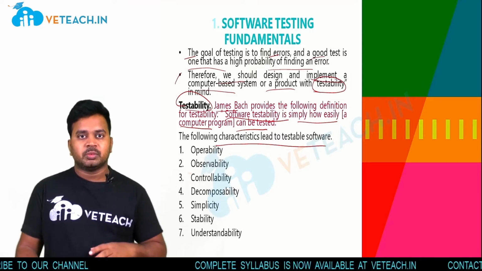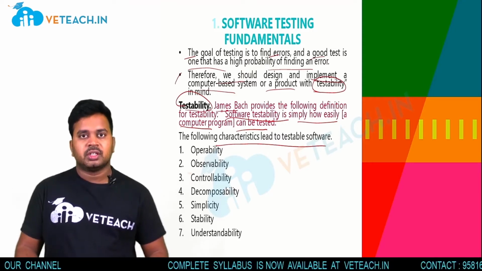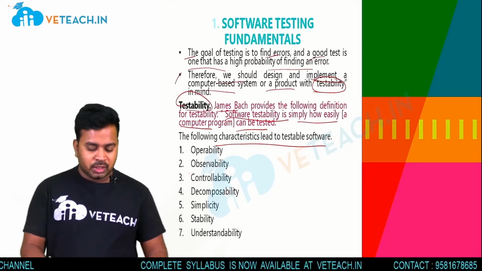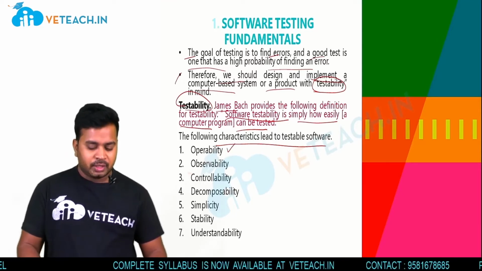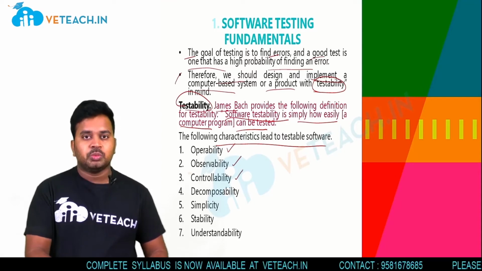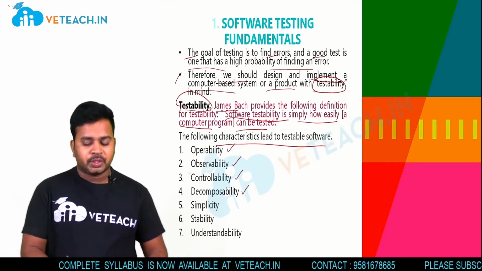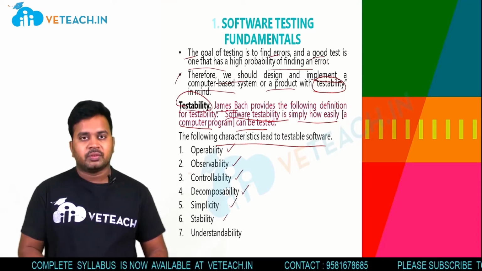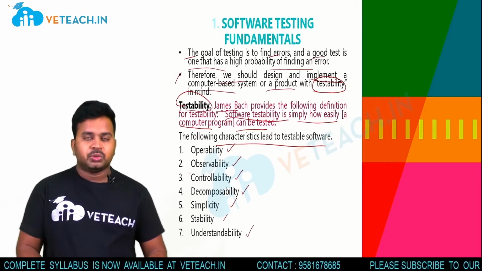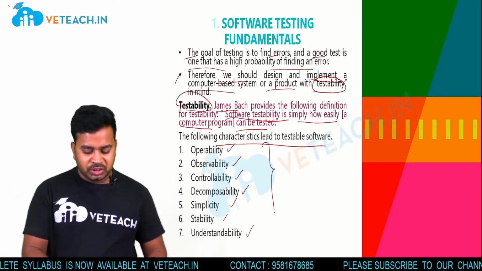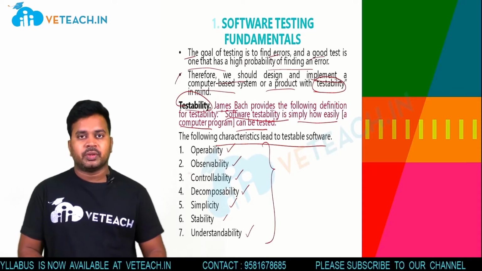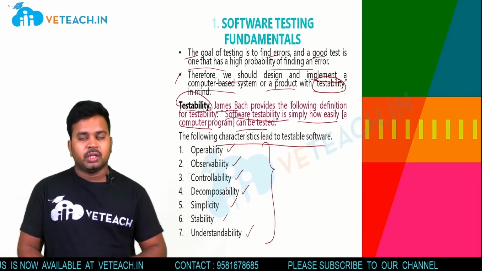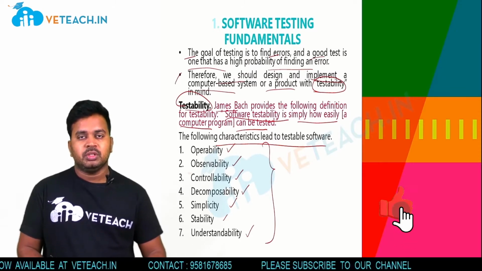These are operability, observability, controllability, decomposability, simplicity, stability, and finally understandability. Testable software should follow these characteristics, and only then can we call it testable software.